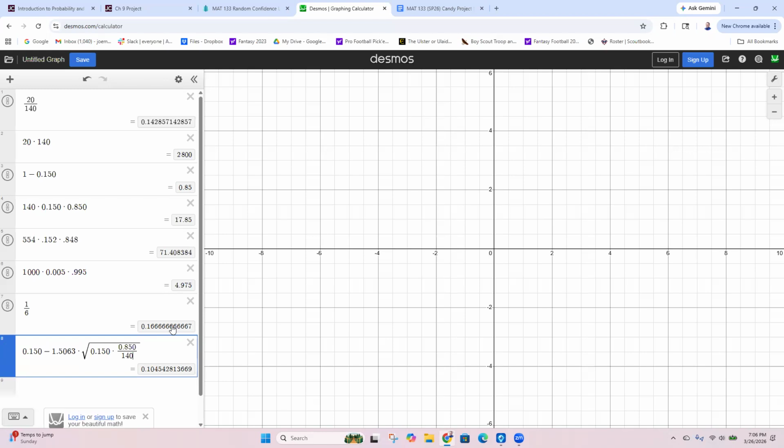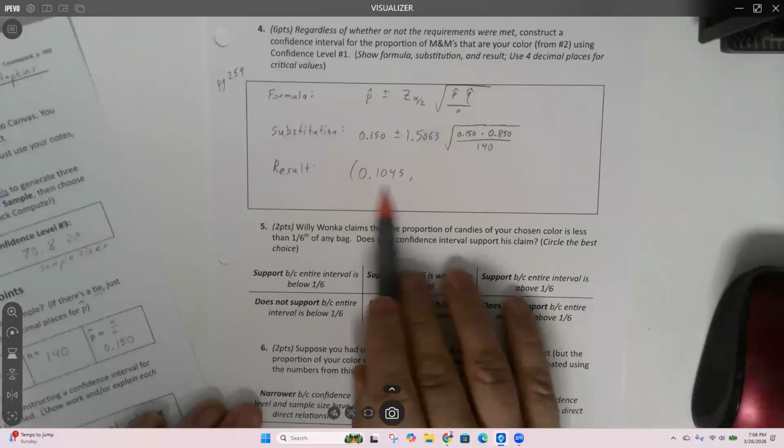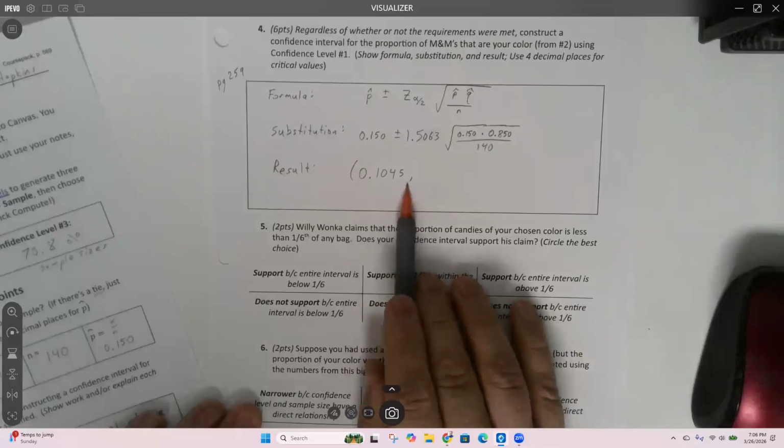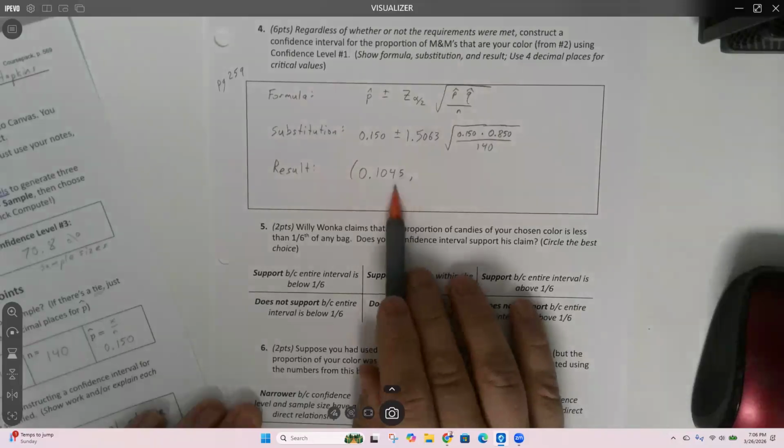And my result is 0.1045. Obviously your result will be different from mine, but you'll write that as the first part. That's the lower limit of our confidence interval.